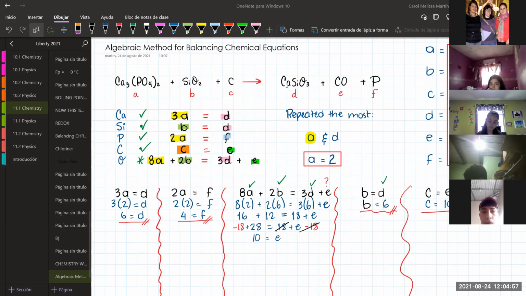So A is not 2 anymore, A is going to be 1. B is not 6 anymore, B is going to be 3. Then 5, 3, 5, 2.